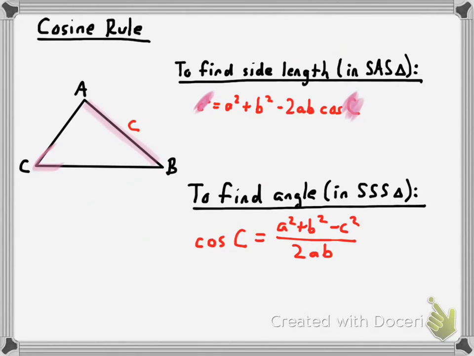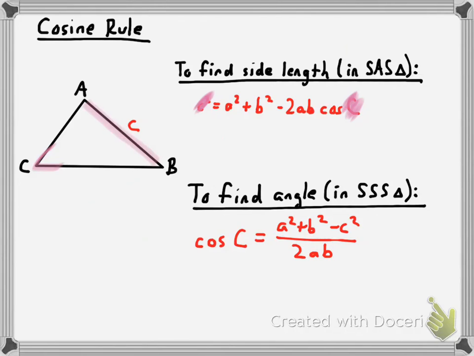I'll leave it to you to do the algebra to get from here to here if you don't believe that that actually is the correct variation, but it is. So we'll use the first one whenever we're trying to find a side length. We'll use the second version of the formula whenever we're trying to find an angle measure.